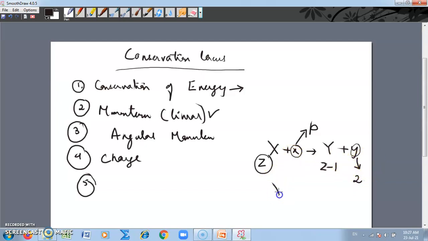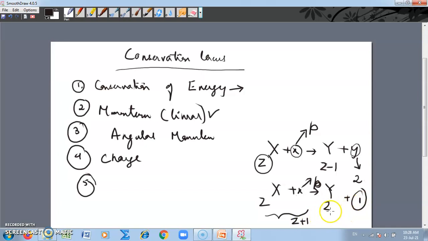Or if it is x plus x, then I get here y. Suppose this is z and this is also z. In that case, what will happen? In that case, suppose this is z and this is a proton, in that case this particle must have one proton, otherwise z, and from here one more z, so it will be here z plus 1, and this is also z plus 1.